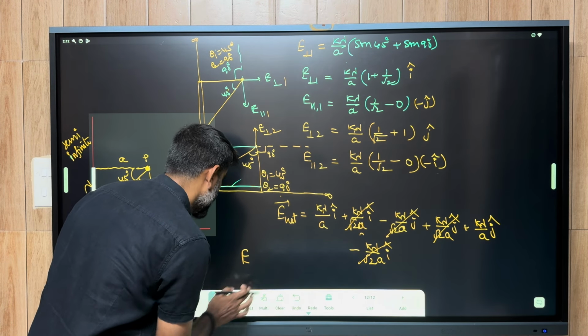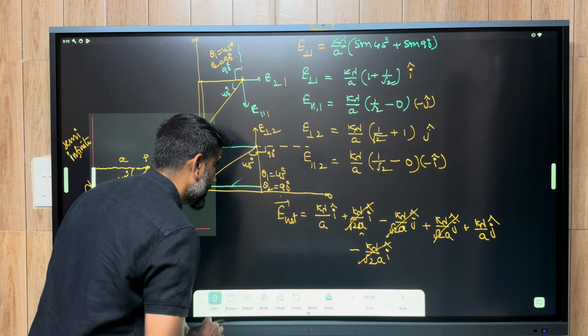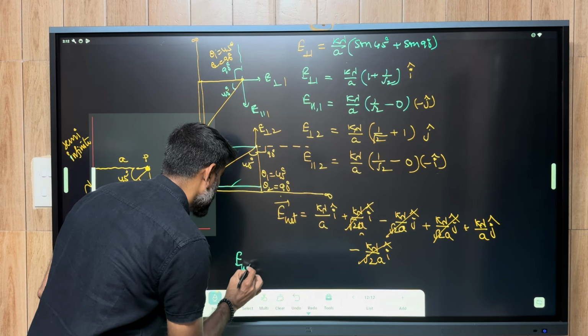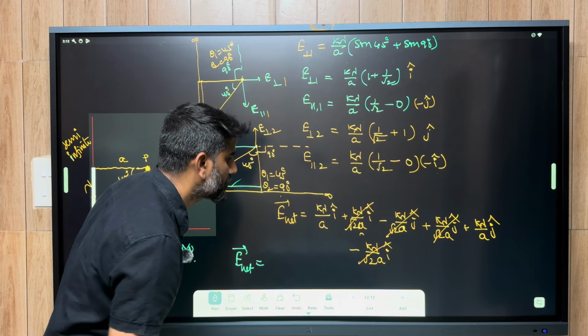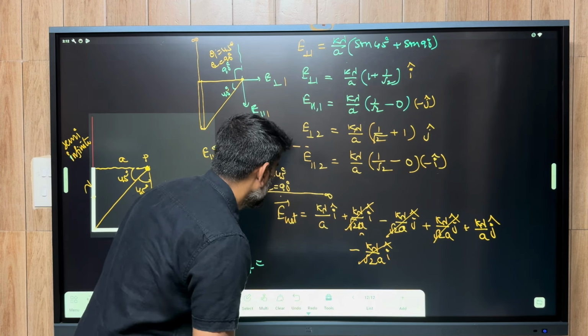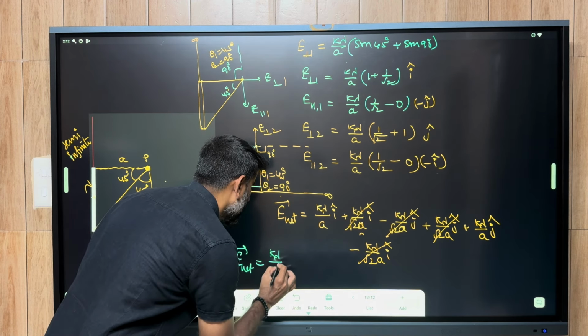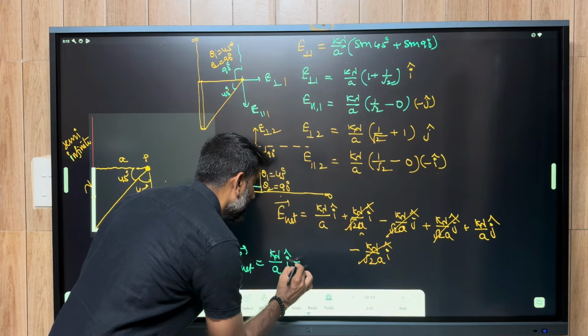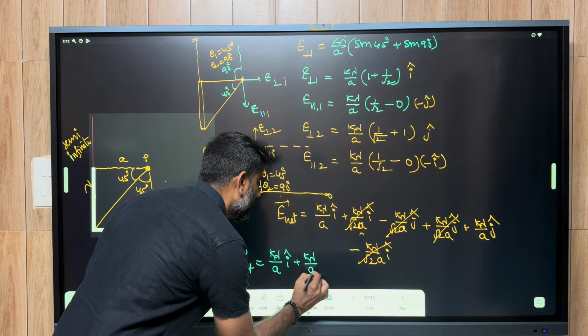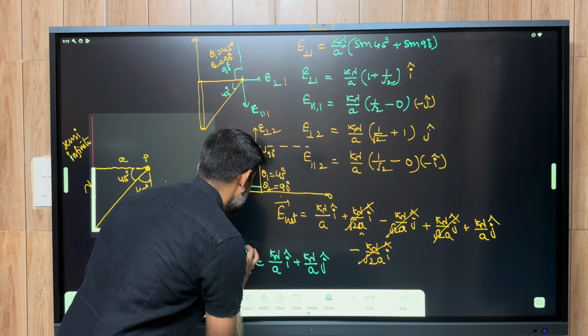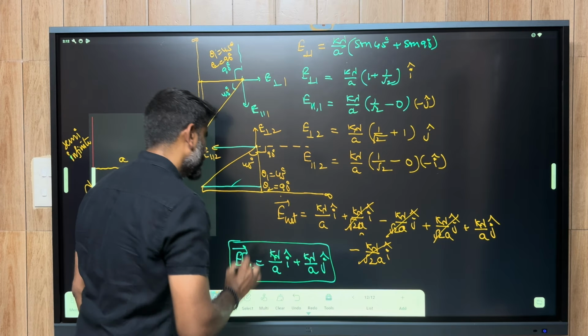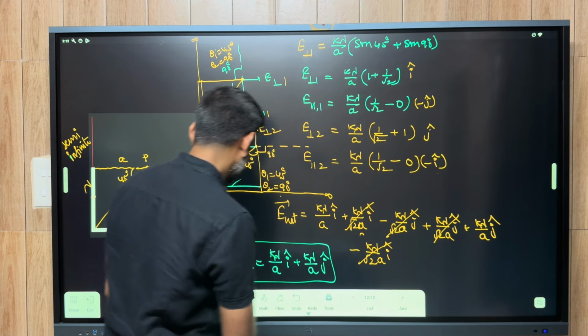What are the expressions? E net in vector form is equal to k lambda by a I cap plus k lambda by a j cap in vector notation.